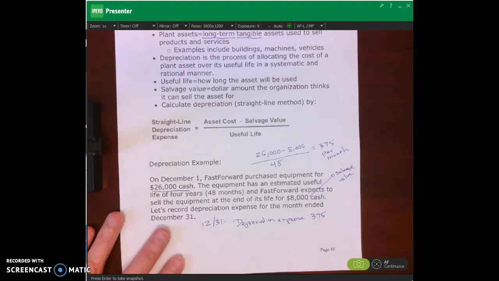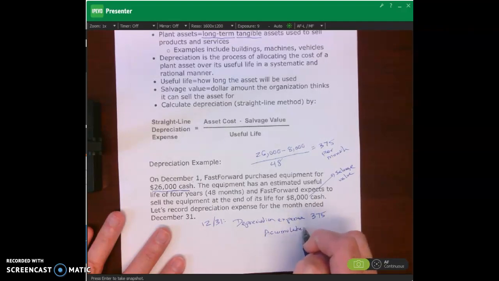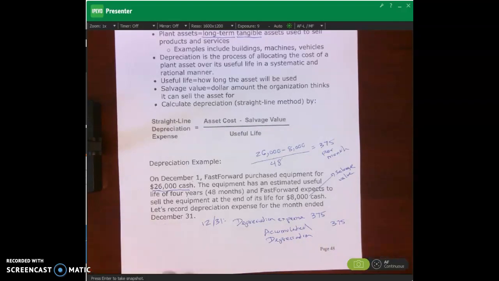And then what I'm going to do is credit an account called accumulated depreciation for $375. So I debit depreciation expense and then I credit accumulated depreciation.